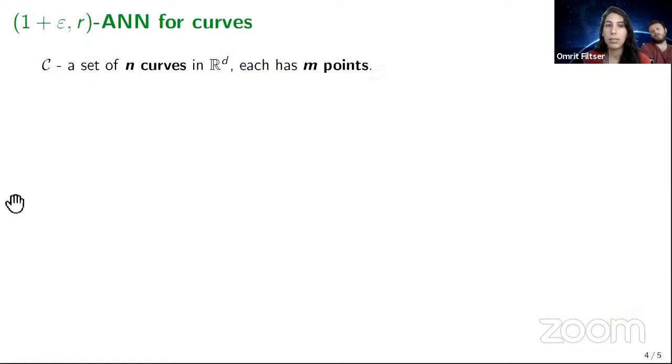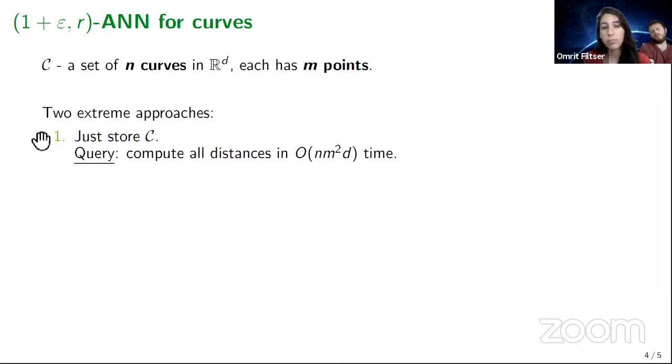For the nearest curve problem, the approximate near neighbor for curves, we are given a data set C of n curves, each with m points in d dimensions. There are basically two extreme approaches for a solution. We can just store the set C without any pre-processing, and the query algorithm will do all the work and compute all the distances in a huge query time.